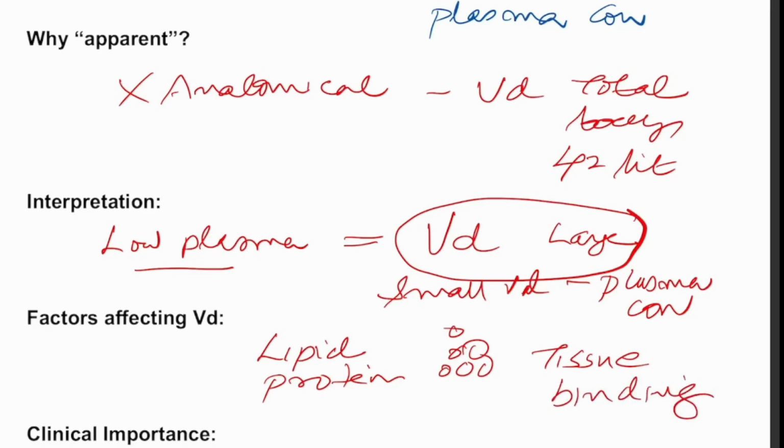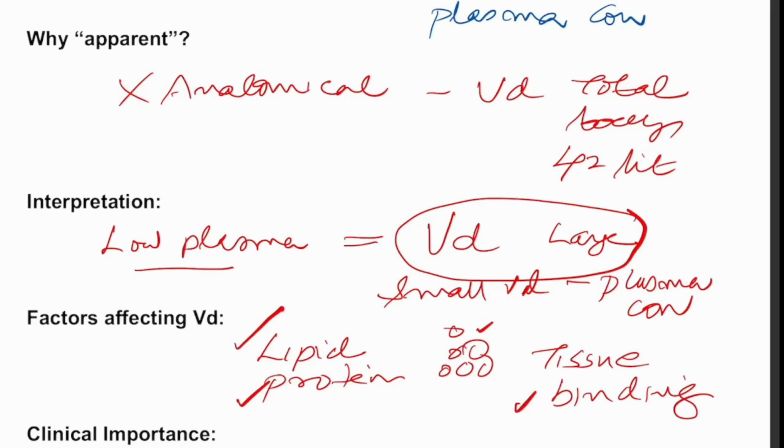So the volume of distribution depends upon several factors. The important ones are lipid solubility, plasma protein binding, the molecular size of the particle, and the tissue binding.